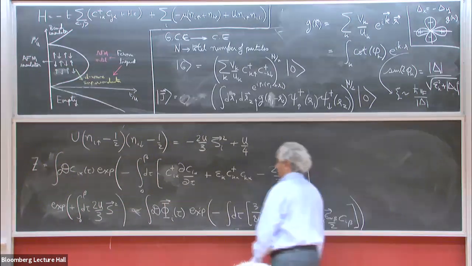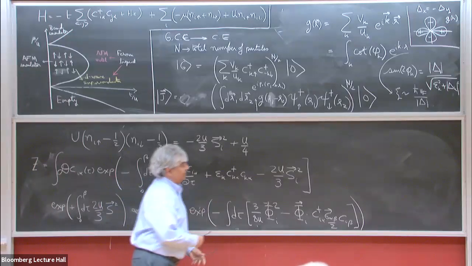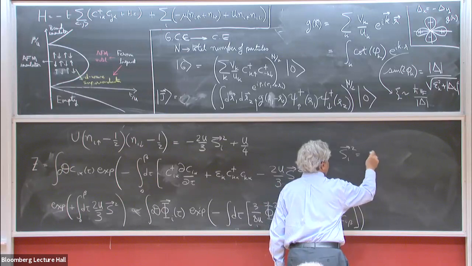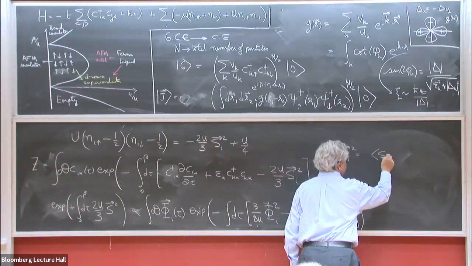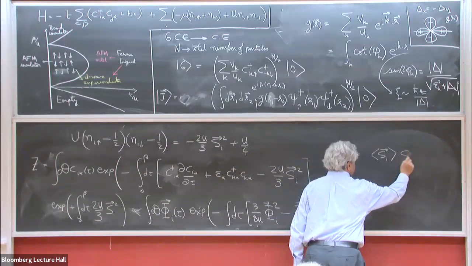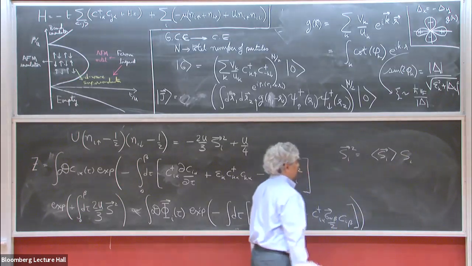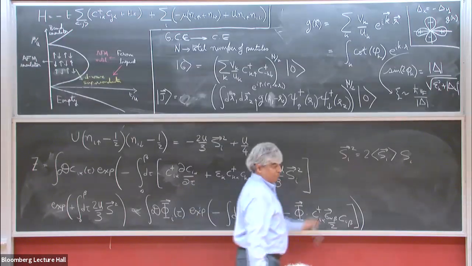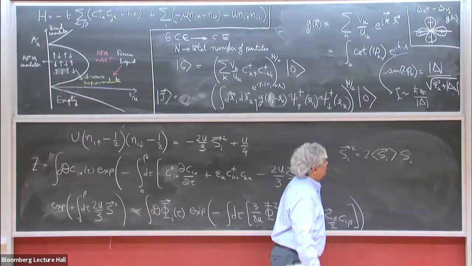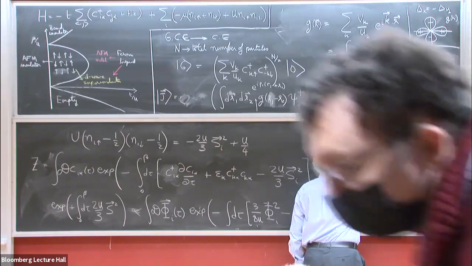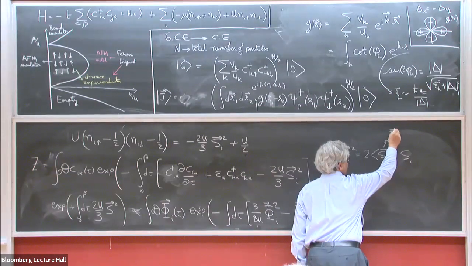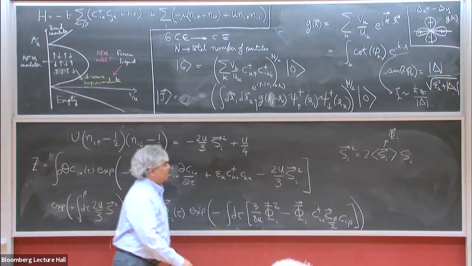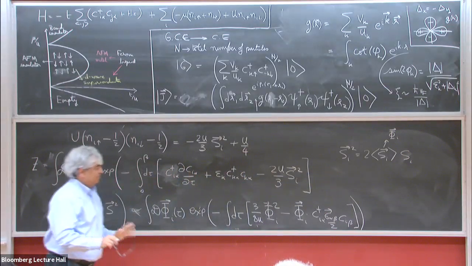So I could have just started with the Hamiltonian and replaced this operator S_i squared by the expectation value of S_i into S_i, maybe with a factor of 2 here. This will be the Hartree-Fock approach. And this S_i is basically the thing we're calling phi now. You can do that if you wish, but I'm trying to be more general for a little bit longer.